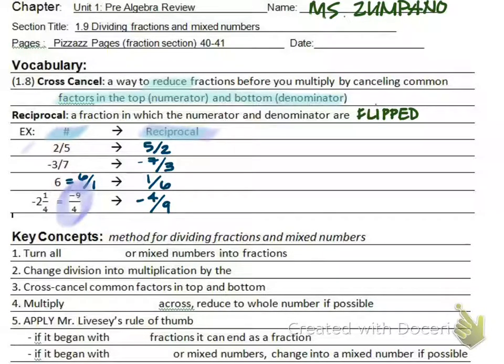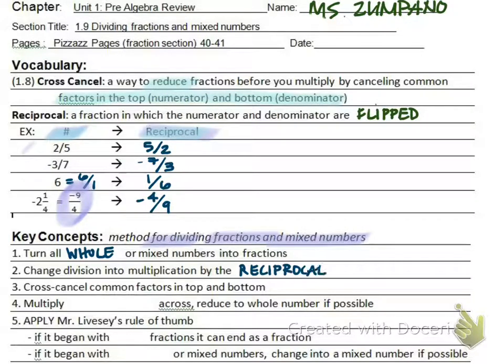So for the key concepts for dividing fractions and mixed numbers, let's take a look at the method down here. Our first step is to turn all whole or mixed numbers into fractions. The second step is to change division into multiplication by the reciprocal.